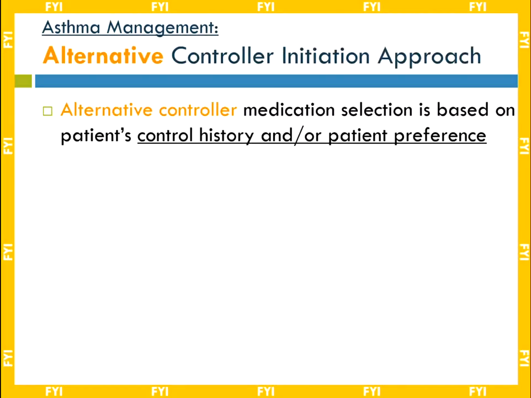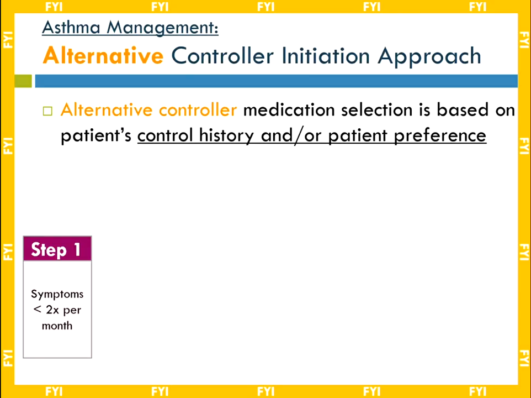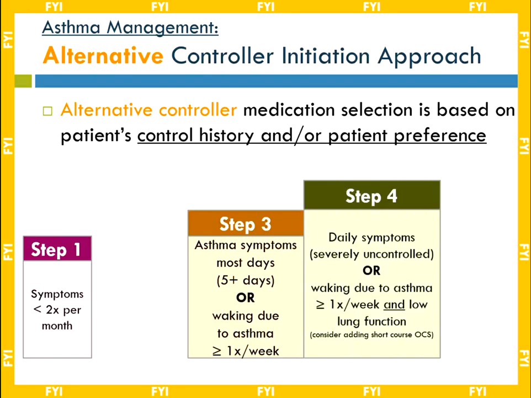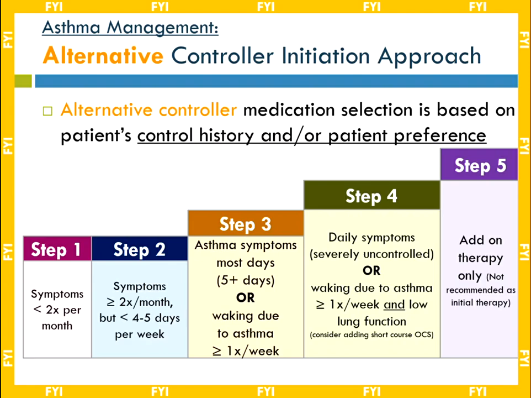Okay? The alternative controller option is based on their control history and patient preference. But this is if their symptoms are less than twice a month, for step one. Step two, if they're having symptoms more than twice a month but less than 4 to 5 days a week.